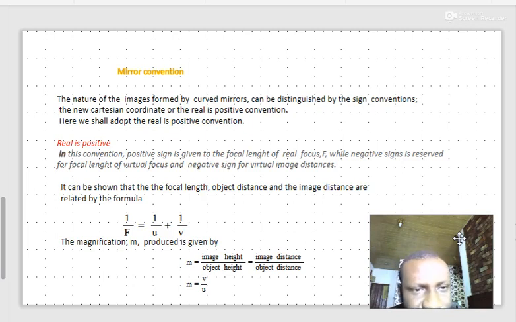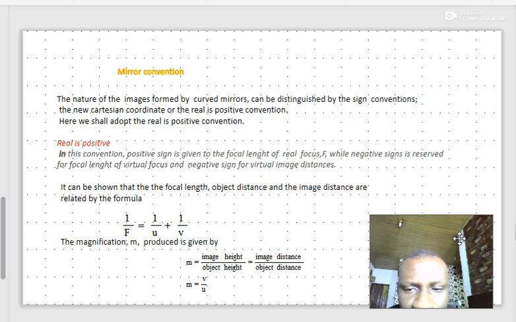In this real-is-positive convention, in determining the nature, position, and size of the image formed by this mirror, we are going to consider positive values for real focal points, negative values for virtual focal points, positive values for real images, and negative values for virtual or non-real images. Please take note of that.